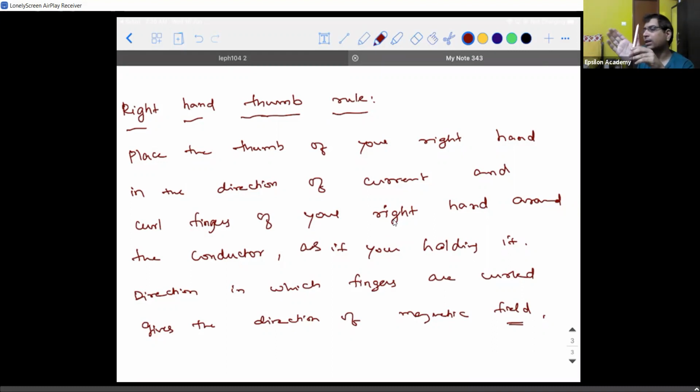When you curl it, on the right hand side you're going into the plane, and on the left hand side you're coming out of the plane. So on the right side the magnetic field is into the plane, whereas on the left hand side the magnetic field is out of the plane.